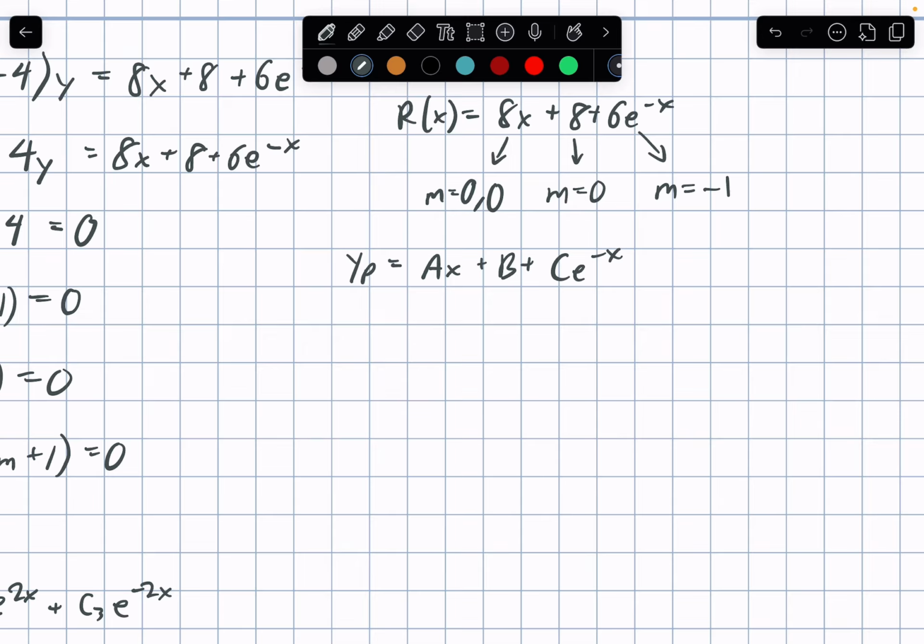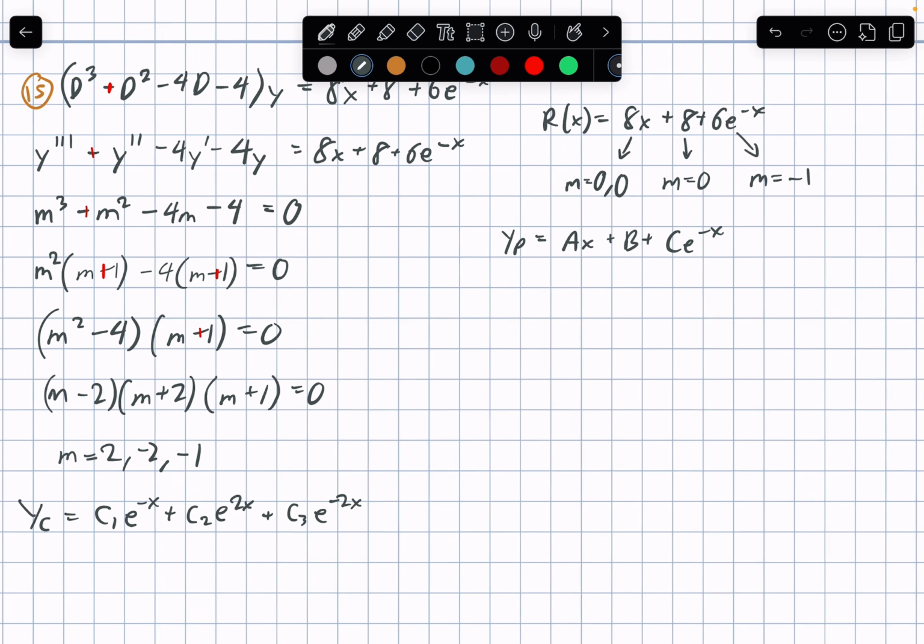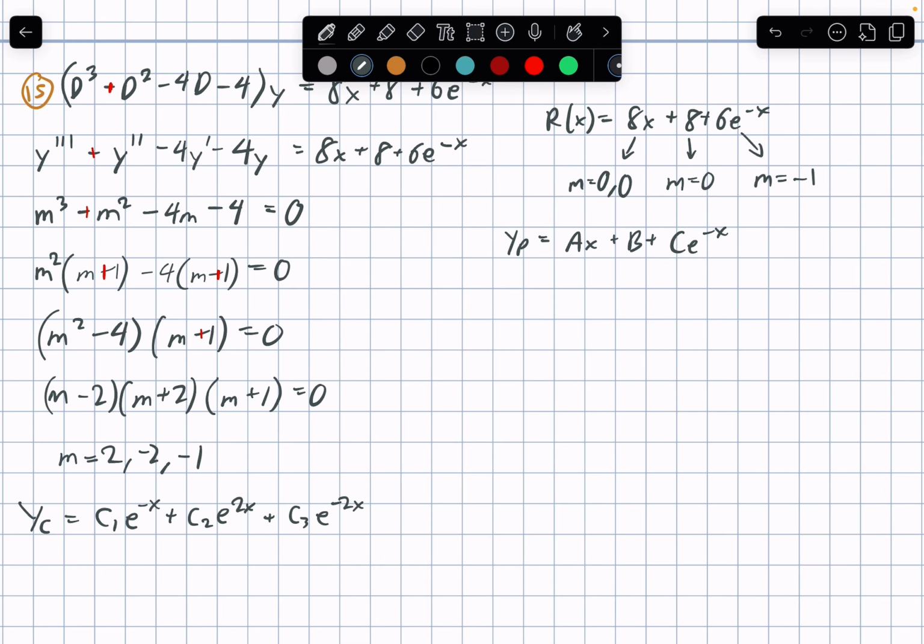Okay, so this is our initial guess. It's not hurting anyone in any of the terms. It doesn't overlap basically. For example, right now we have a constant b. If you also have a constant in yc, regardless of what it is, you have to update your yp.